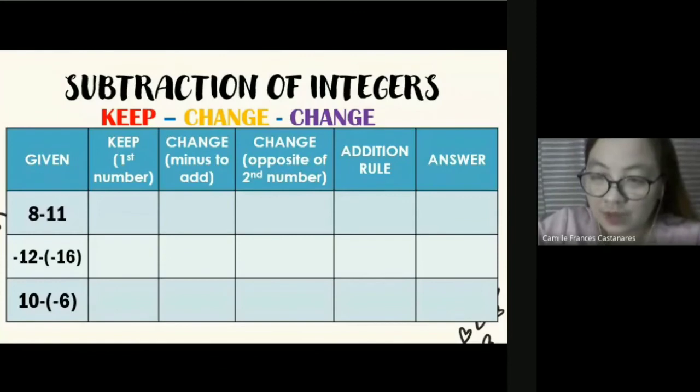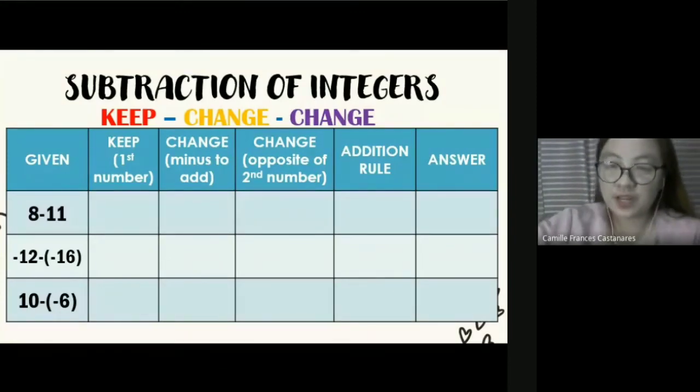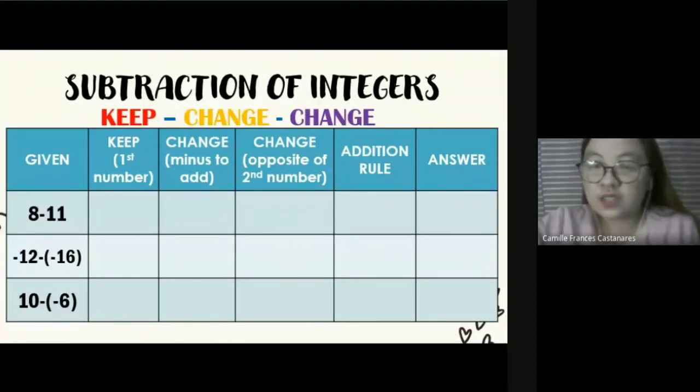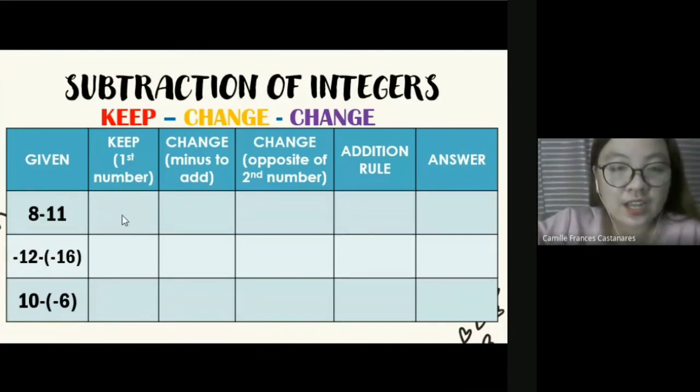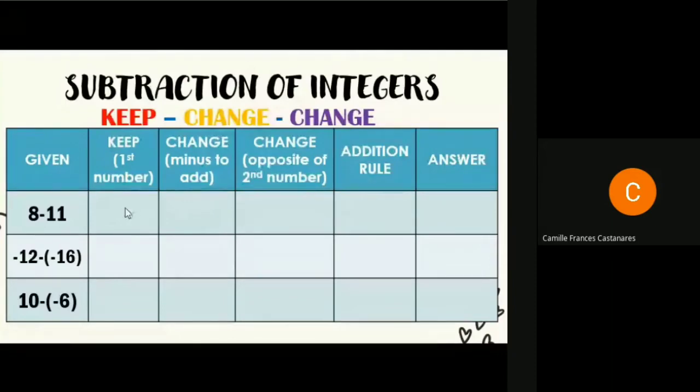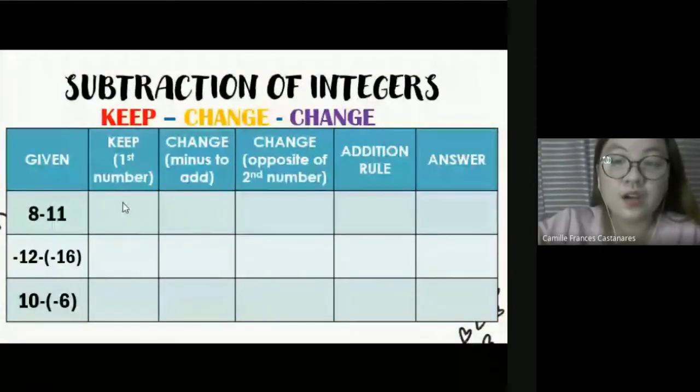Is Buban not here? It looks like Buban's connection is weak. Okay, your answer is... Wait, miss, I can't turn on my mic. Okay, just type it, Buban. What answer will we put here? What number? Okay, so we have the number, very good.